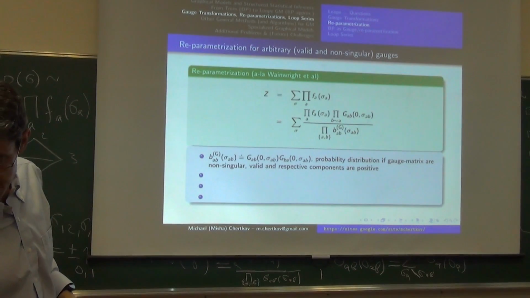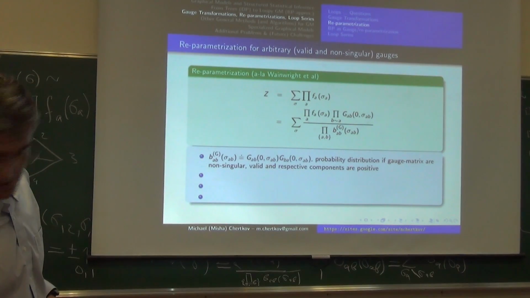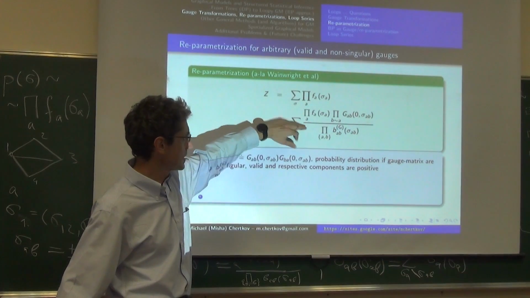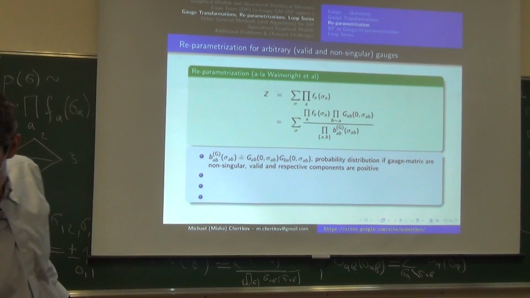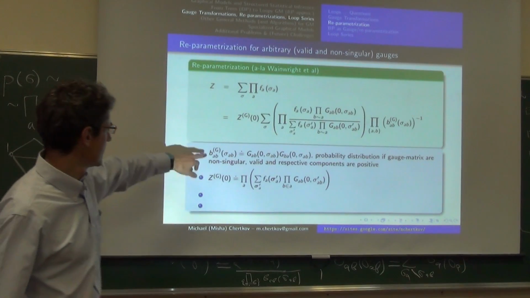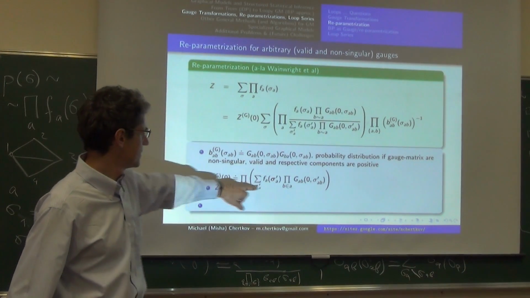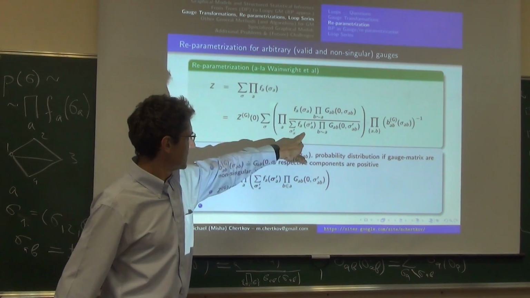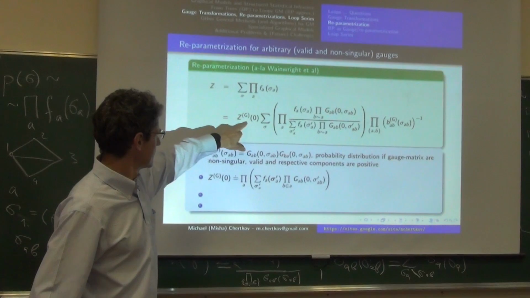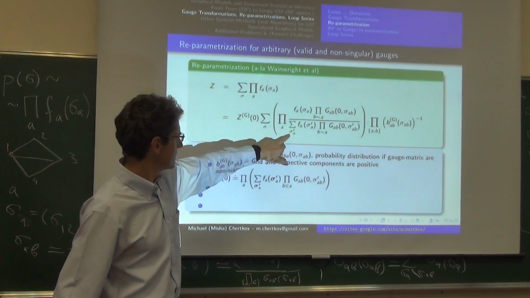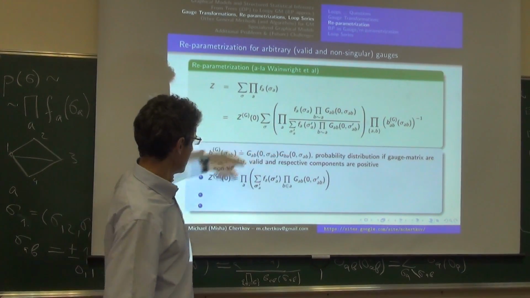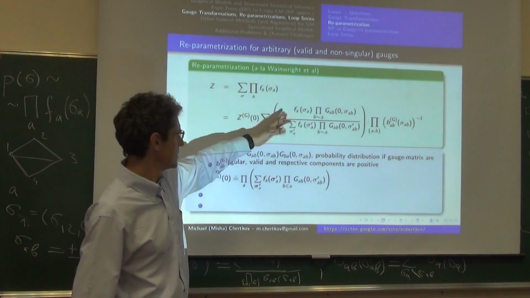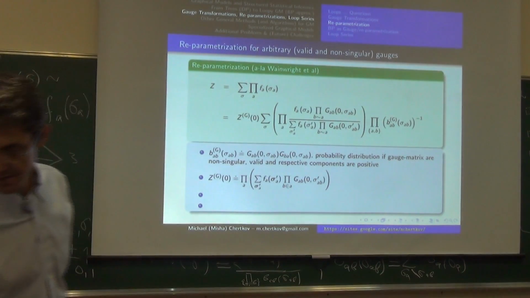In fact, I should probably do it a little more carefully. That's what I got from my partition function. It's all exact transformation. Now I multiply and divide by this newly introduced object, which I defined here. So again, multiply and divide. So Z is a product over A, and it's a product of A. Then this whole bit does not depend on sigma, so it's just a constant. So I can do that.